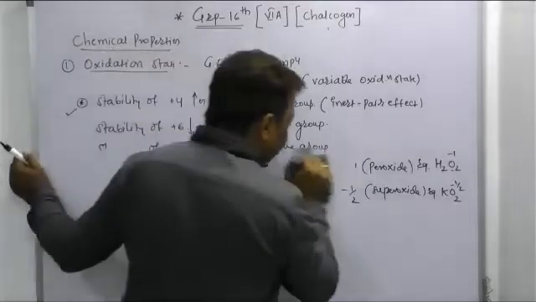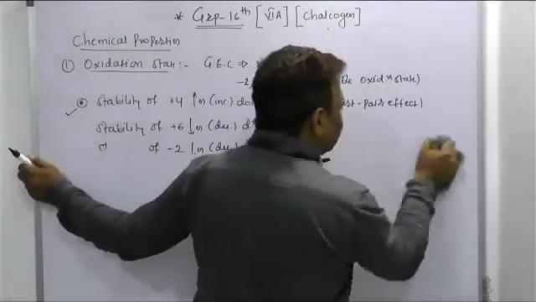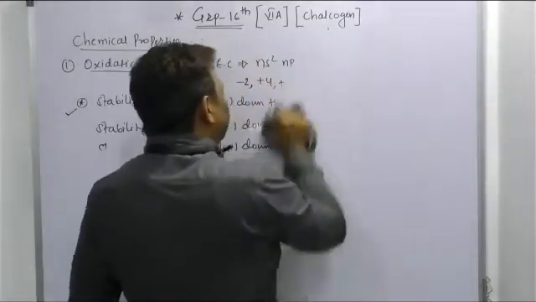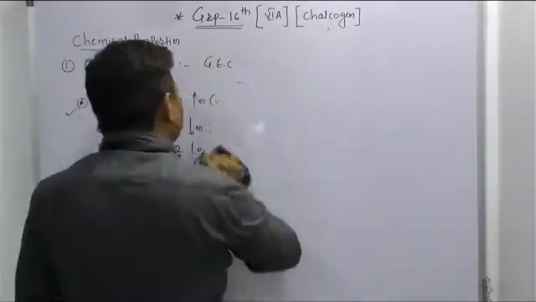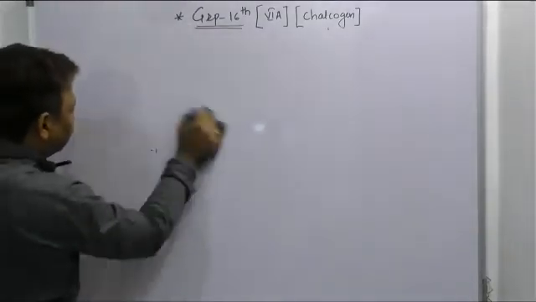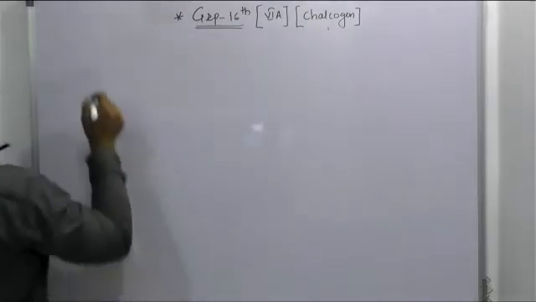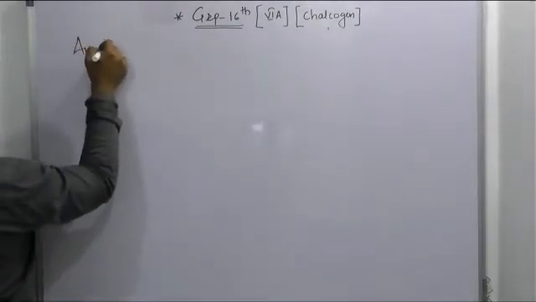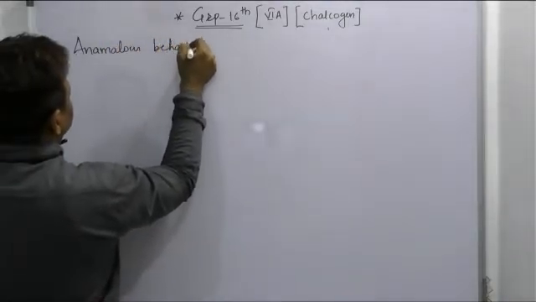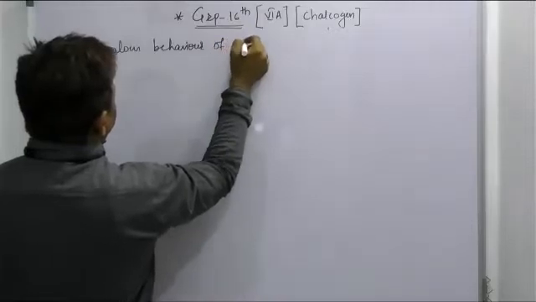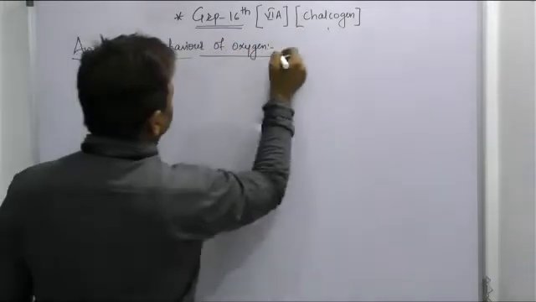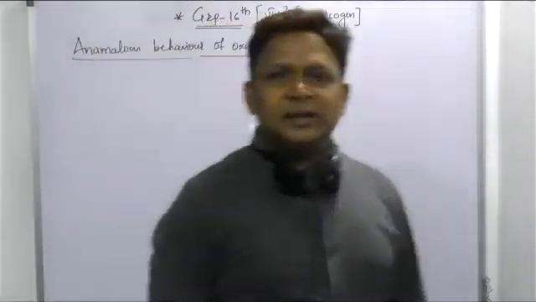How will oxygen behave anomalously, or differently than the elements kept in its group? Other than sulfur, selenium, and tellurium, how it behaves differently, that part we'll see. So the anomalous behavior of oxygen.